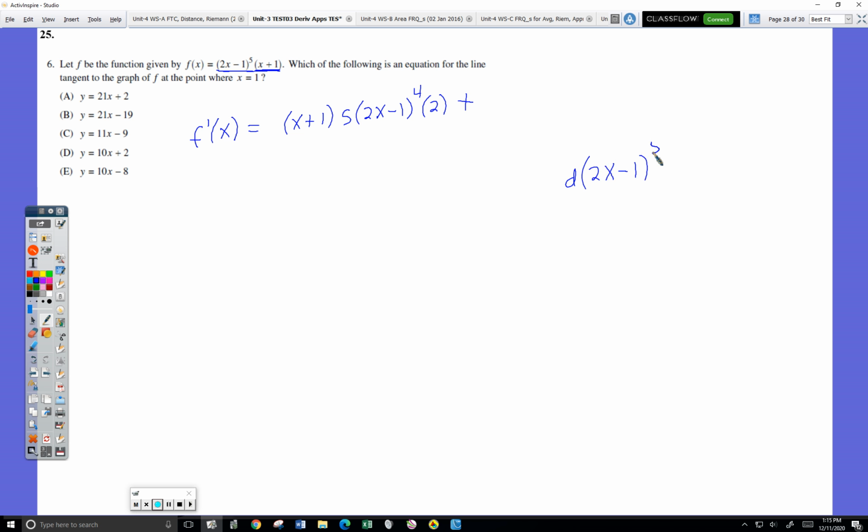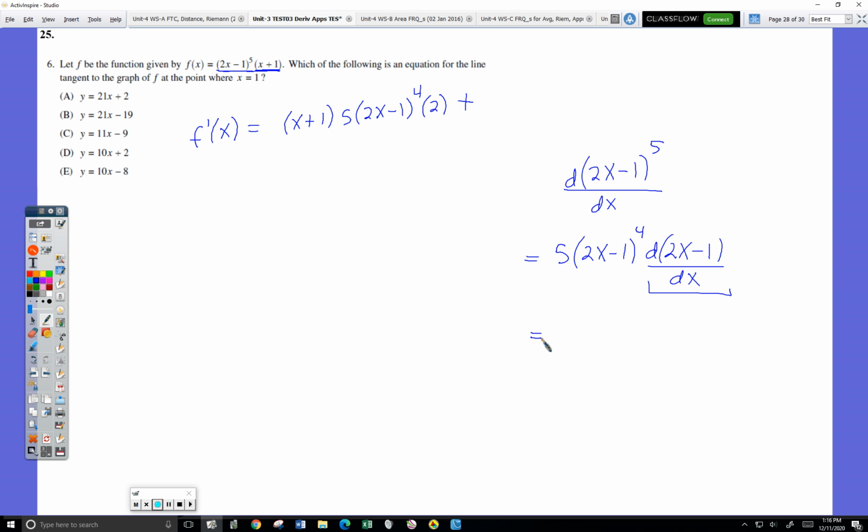So what's the rule I use here, Zach? The power rule. Awesome. So power rule says I bring down the 5, multiply by the base. New exponent is 4. Now I've got d of this. Does that make sense?